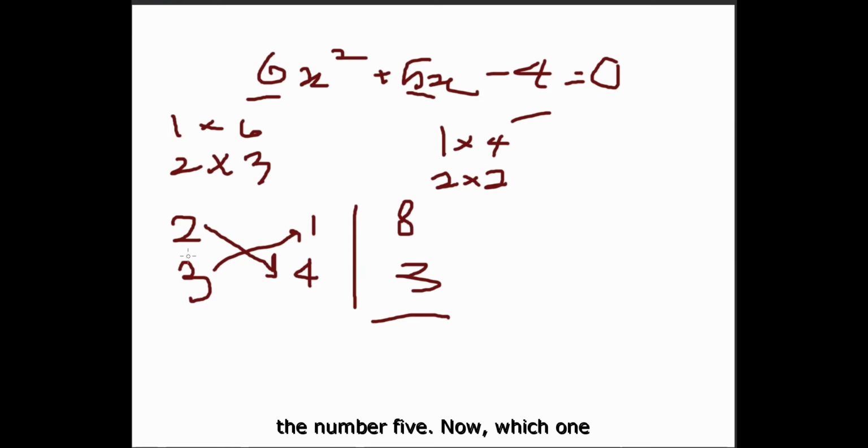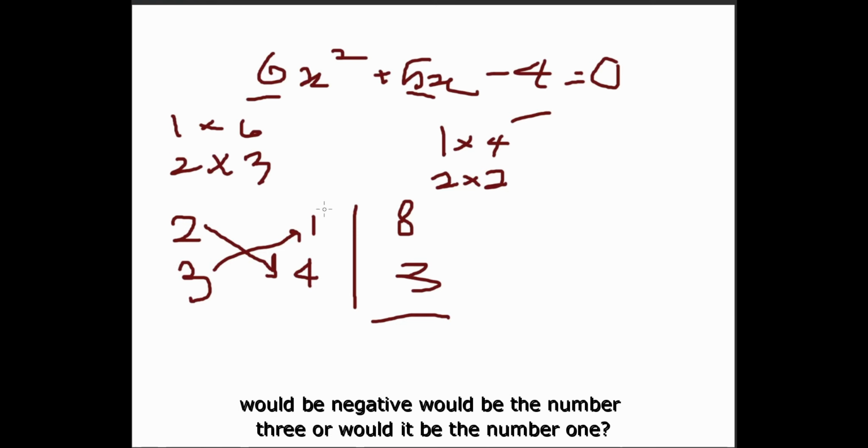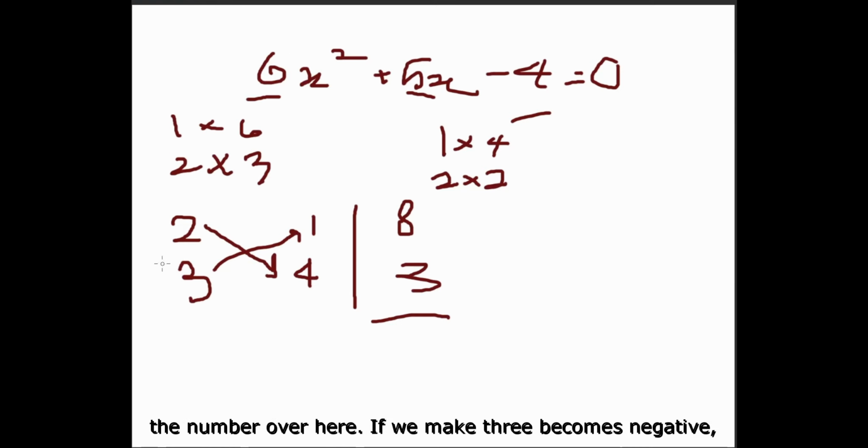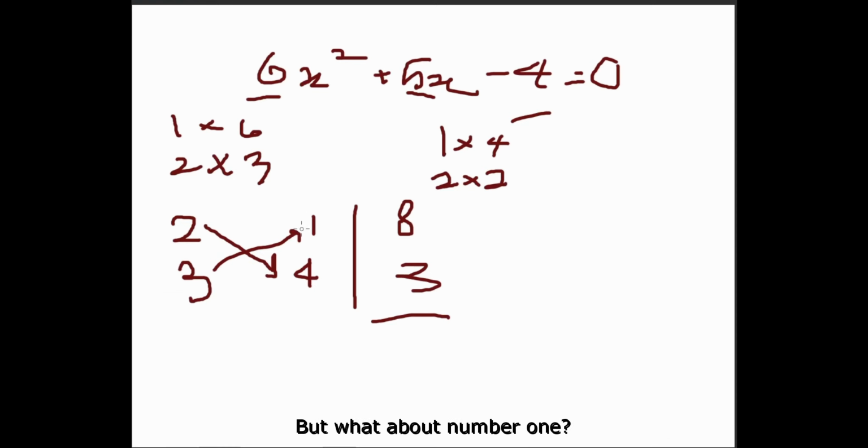Now, which one would be negative? Would it be the number 3 or the number 1? The way to find this is that we look at the number over here. If 3 becomes negative, then 2 times negative 3 would result in negative 6, not positive 6, so it cannot possibly be the number 3. But what about number 1?